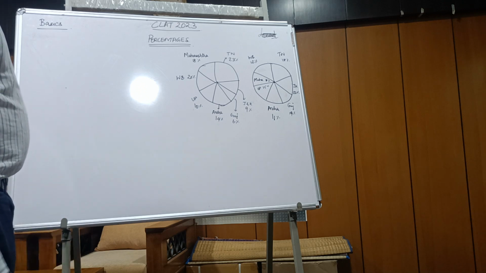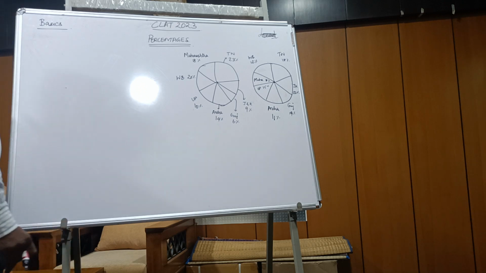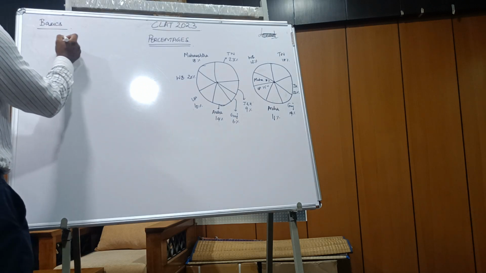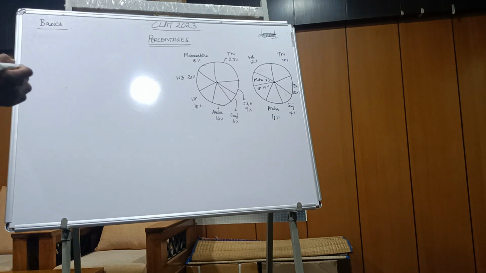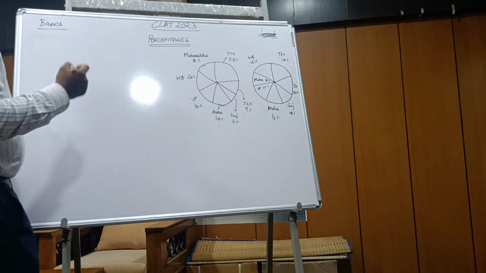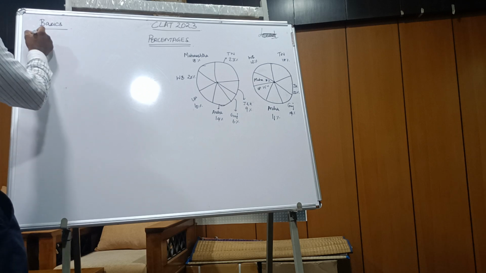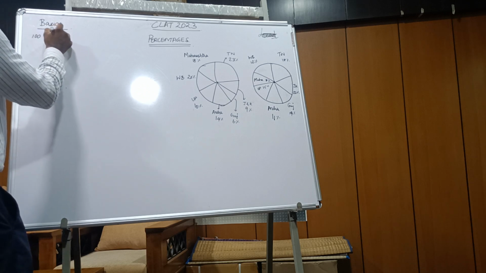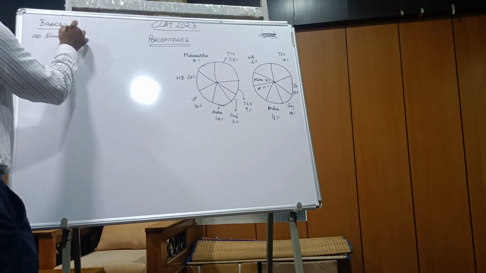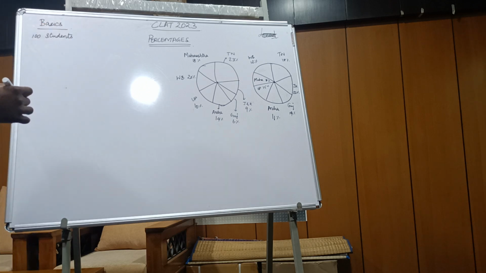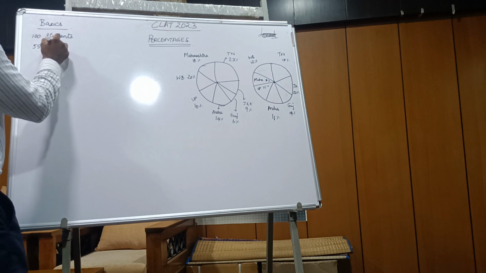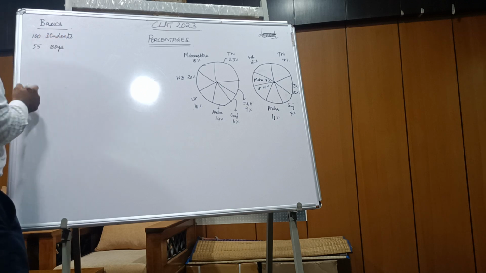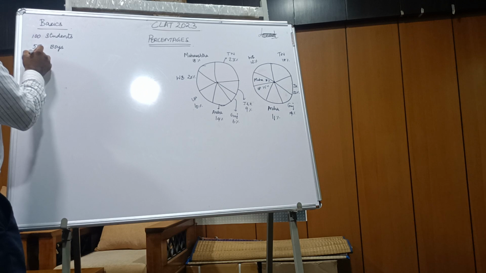Say there is a whole quantity which has 100 units. For example, there are 100 students in a school. The total number of boys is 55, and the total number of girls is 45.